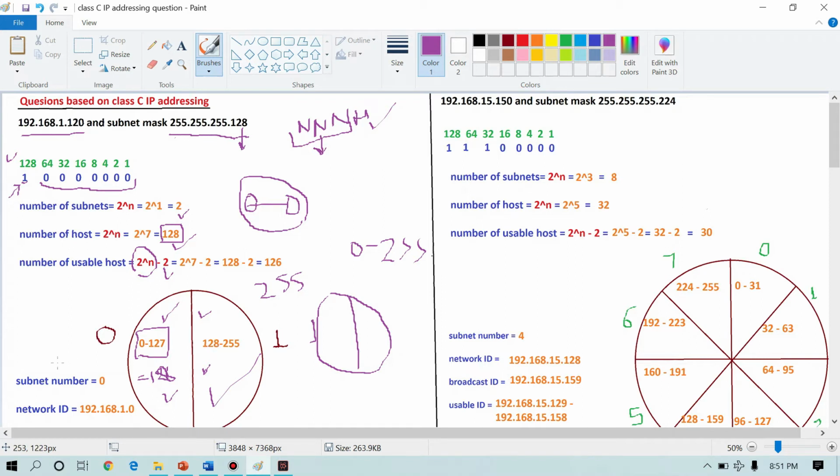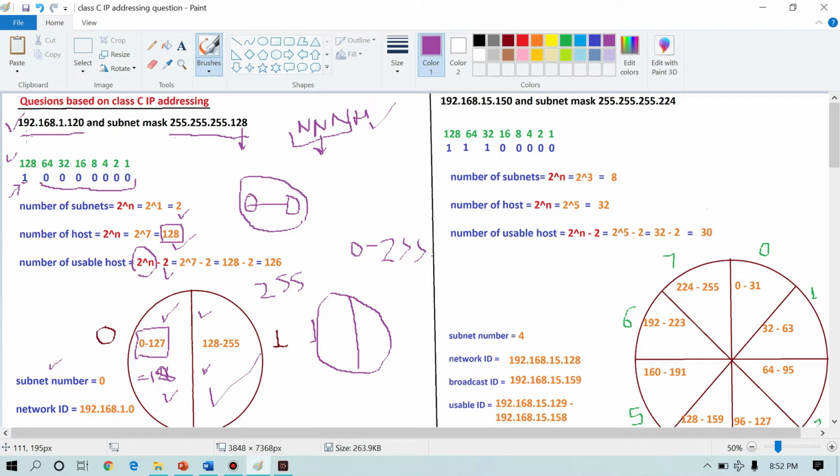Now we have to calculate the subnet number. What is the subnet number? It tells us in which subnet our particular IP address lies. Got it? So now the role of the IP address comes in. We have the IP address 192.168.1.120.